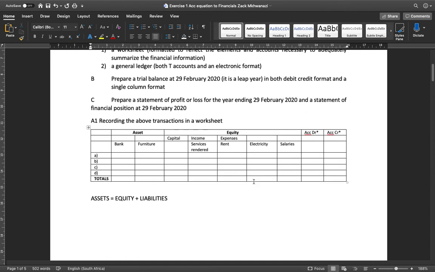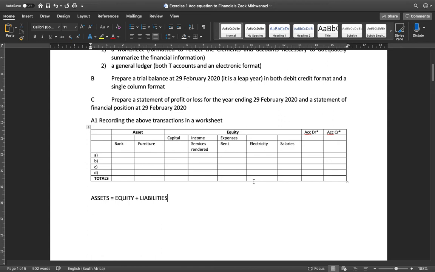If you have a look down at the bottom of this worksheet, you see the financial statements, you can see that this formula presented like this. Another way to present it is equity equals assets minus liabilities.